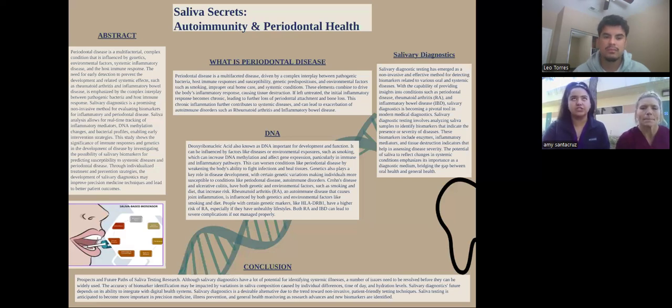Another factor would be environmental factors, especially smoking. Smoking not only slows down wound healing, it also promotes bacterial growth, and it could lead to a process called DNA methylation, which changes how genes are expressed and how they weaken our immune system, and it makes it harder to fight off infections and worsens periodontal disease.